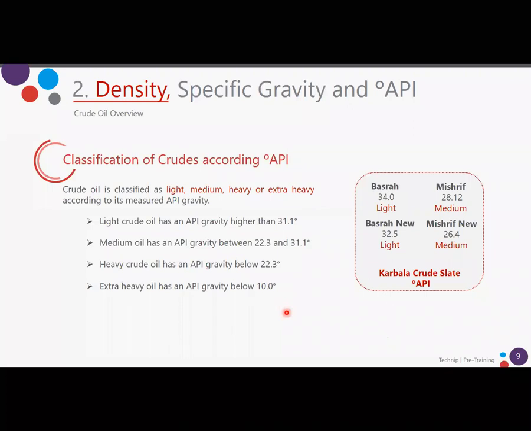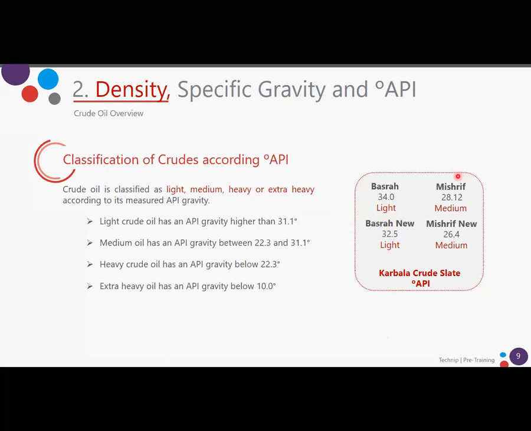Here we have the API for the crudes that will be treated in the refinery. We have the Basra crude with API degrees higher than 31.1, so it is classified as light crude oil.